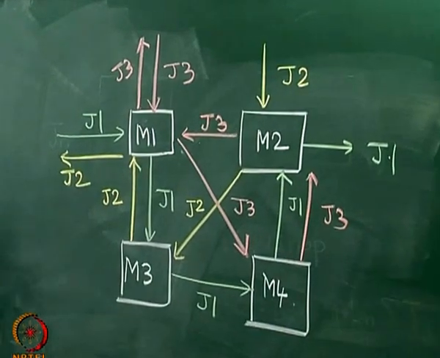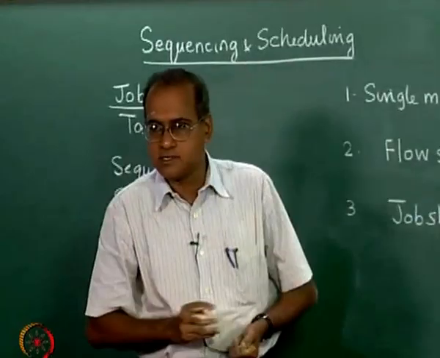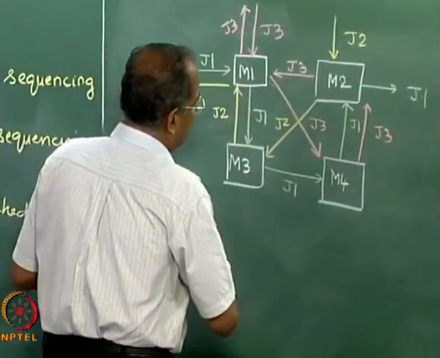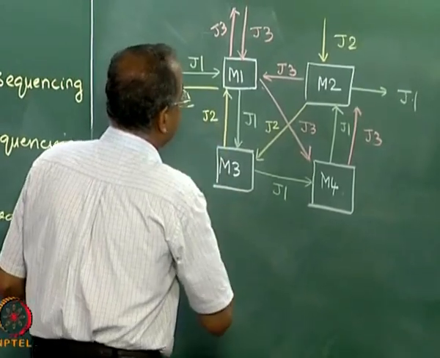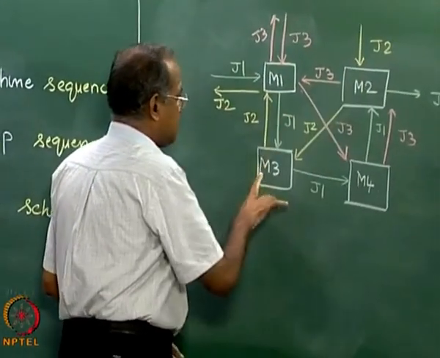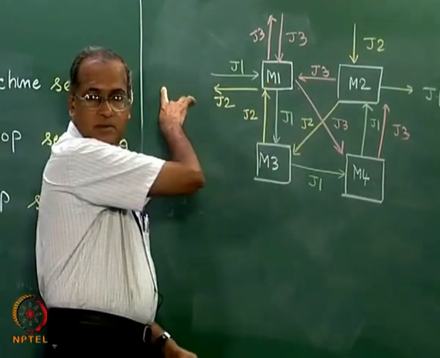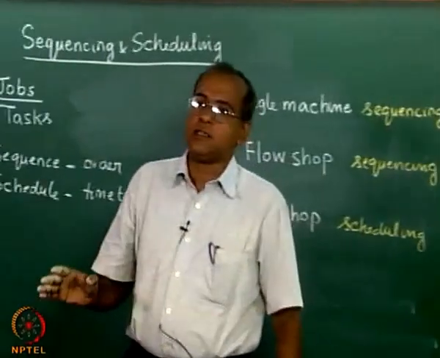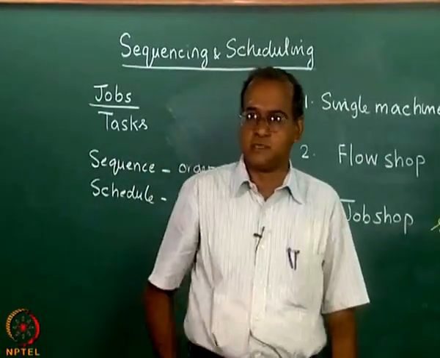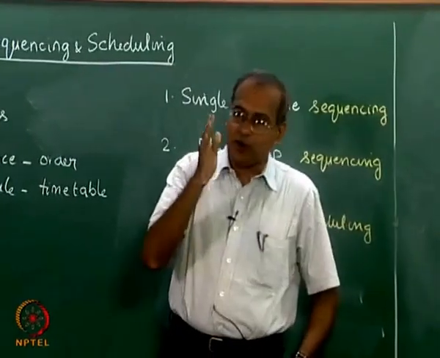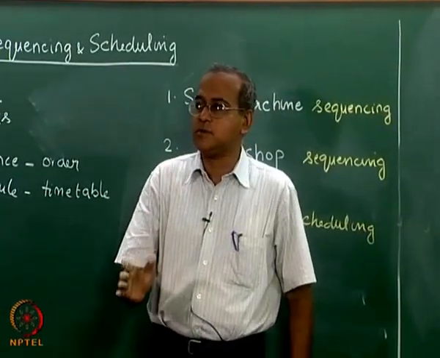So like this we could have a different route for each of the jobs, and when we actually defined the routes, we did a couple of things. If you look carefully at job J2, J2 starts with M2, goes to M3, goes to M1 and goes out. It does not visit M4. So it is not necessary for all the jobs to visit all the machines, whereas in a flow shop it is absolutely necessary for all the jobs to visit all the machines.